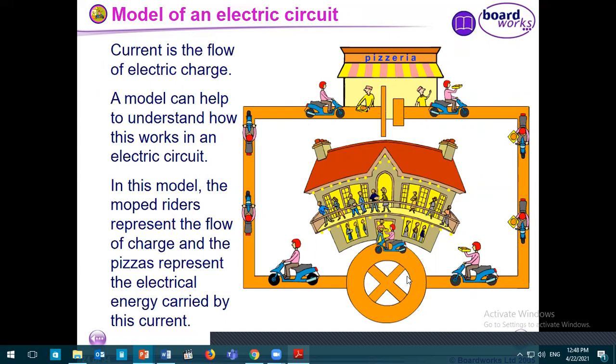What do you think the circle with an X represents? Does it represent a bulb, a battery, a wire? This represents a bulb. And the one tall line and one short line represent a battery. And the other lines are representing the wires.